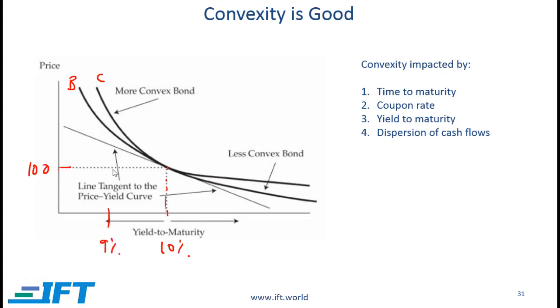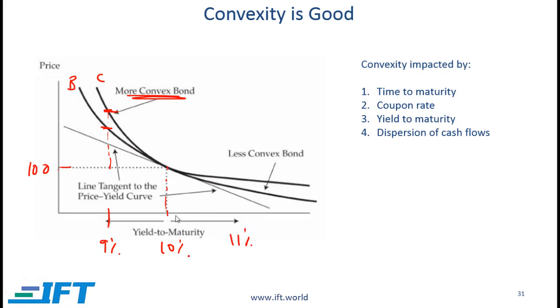Note that the appreciation of bond C is more than the price appreciation of bond B, and that is because bond C is more convex. Now what happens if the yield to maturity goes to 11%?